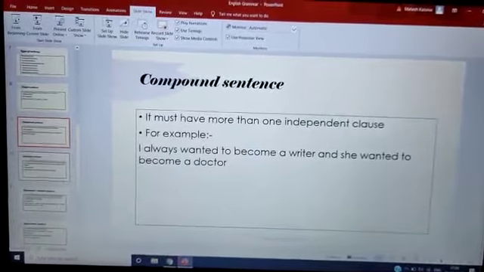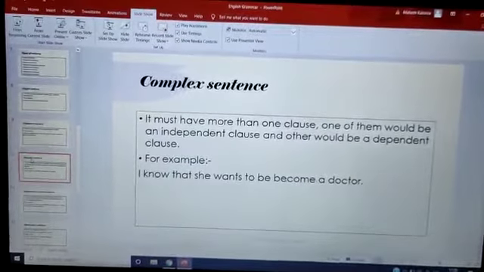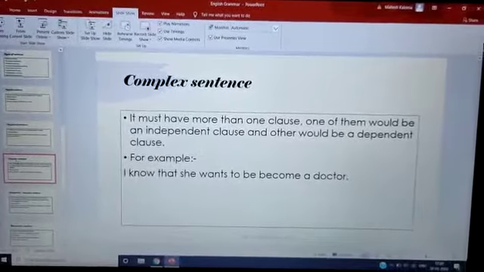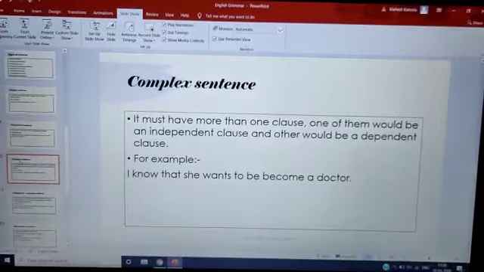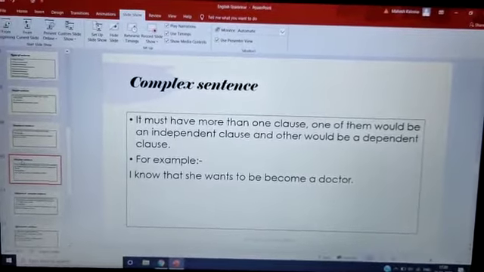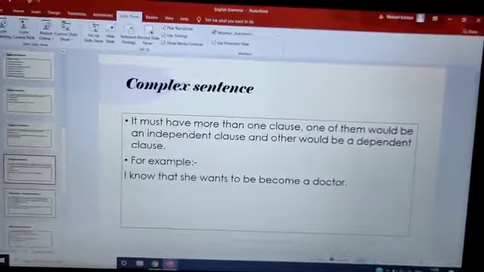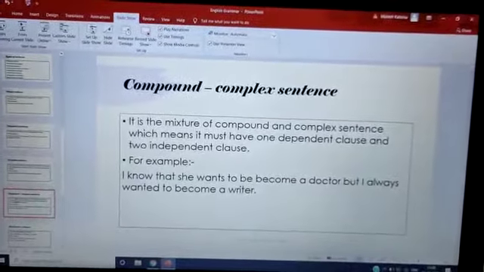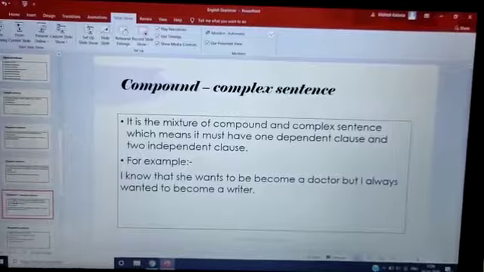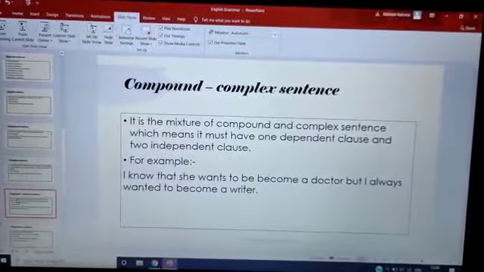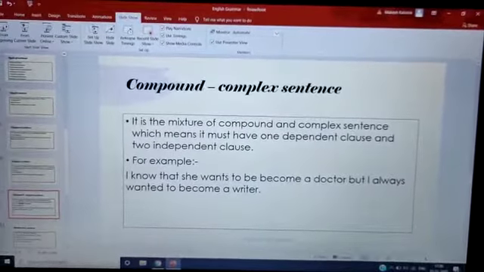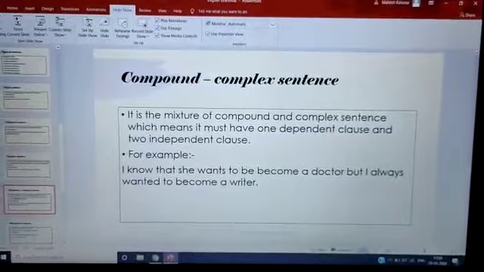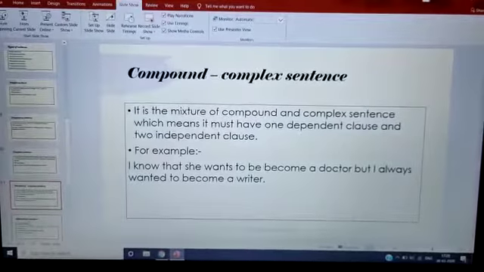And in complex sentences, what did we understand? We understood that it would have one dependent clause and one independent clause. So our compound complex sentence would be, let's see the example: I know that she wants to become a doctor, but I always wanted to become a writer. I hope by the example it is clear.